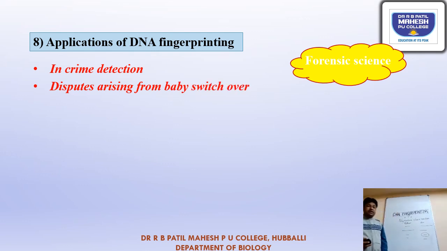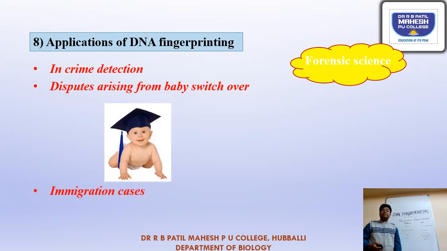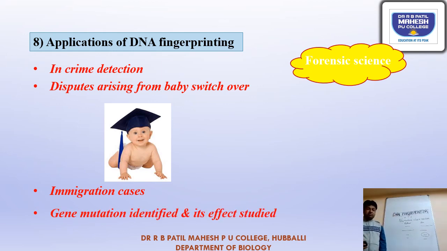The second one is paternity issues, parental disputes, which are identified through a technique called DNA fingerprinting. Then immigration cases: if you store the database of one country, we can easily identify the immigrants from the other country, to solve immigration problems.